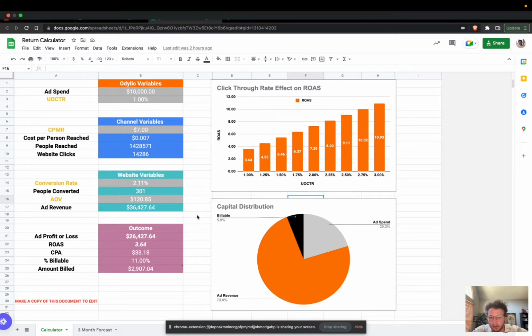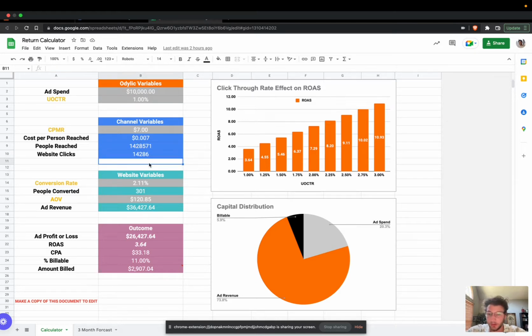All right. So when it comes to advertising, people often think that the ads are the most important, and they are important, but they only account for really two variables. The first variable that ads really play a part in is just how many people come to your site, right? If you have no website visitors, it's not going to work. So that's variable one, and that right here is website clicks.